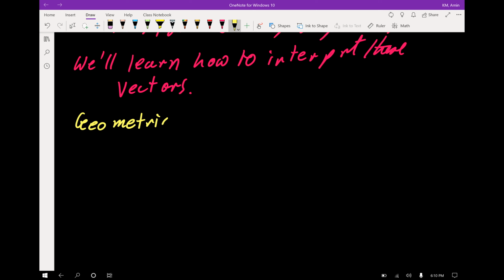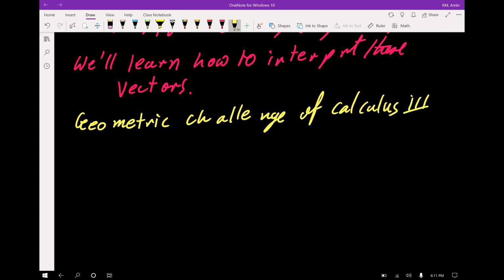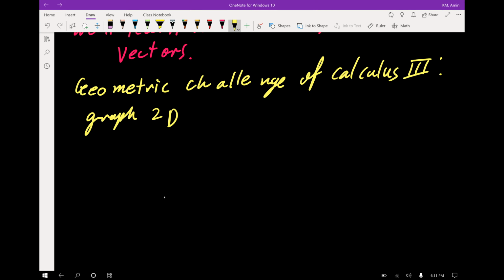The geometric challenge of Calculus 3: graph 2D and 3D regions.